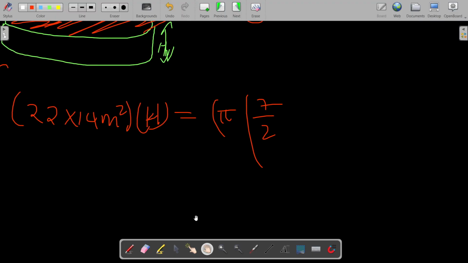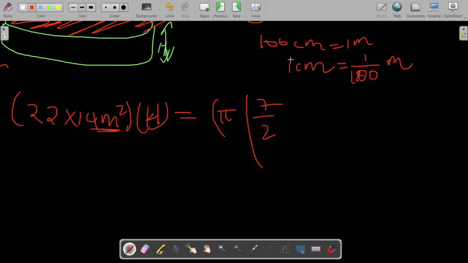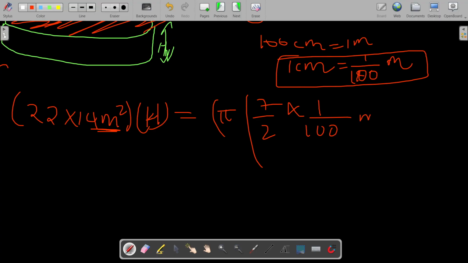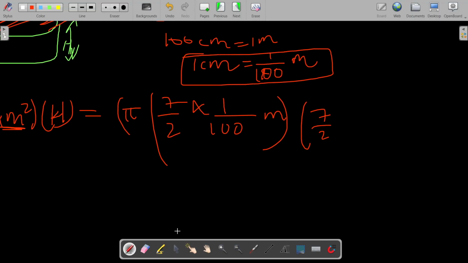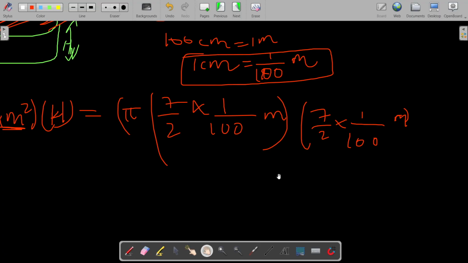We need to convert centimeters into meters because we are dealing with meters on the left side. 100 centimeters is equal to 1 meter. So 1 centimeter is equal to 1 over 100 meters if we divide both sides by 100. So this is 7 over 2 into 1 over 100 meters, squared.